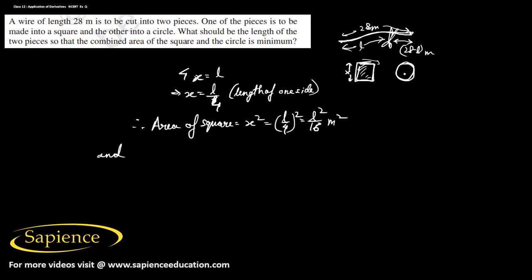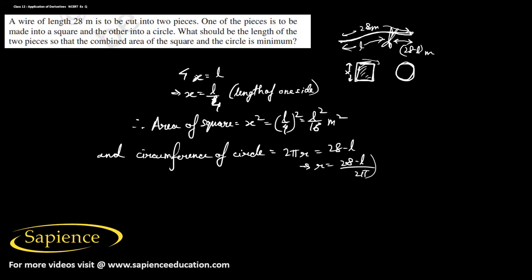And then the circumference of the circle will be equal to the length which is used to make the circle. The circumference of the circle is 2 pi r, so that is equal to 28 minus L. So r will be equal to 28 minus L by 2 pi.